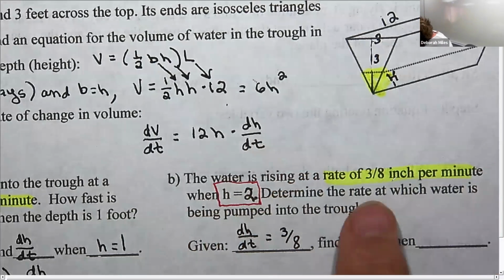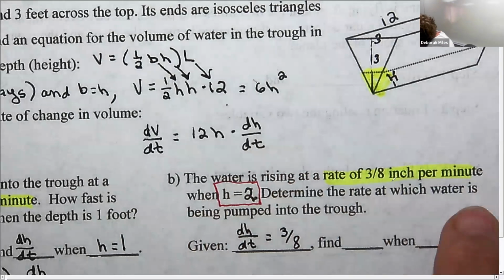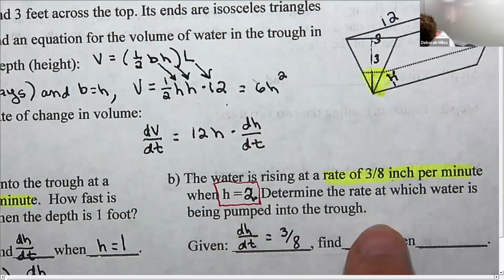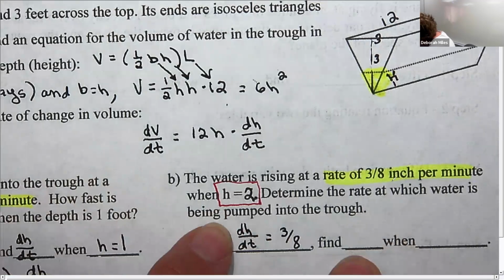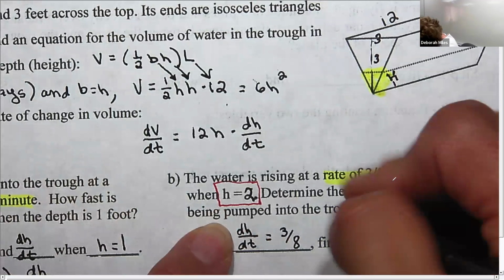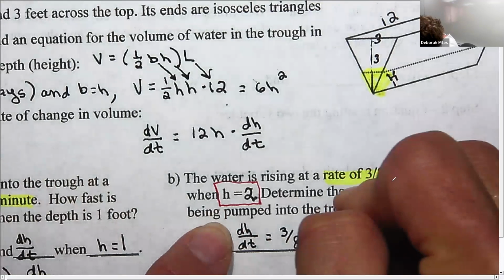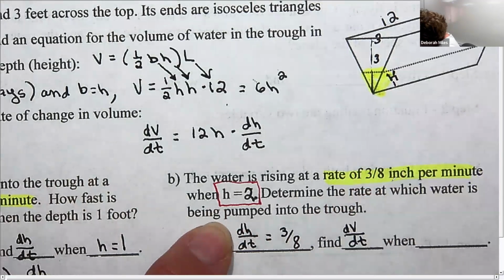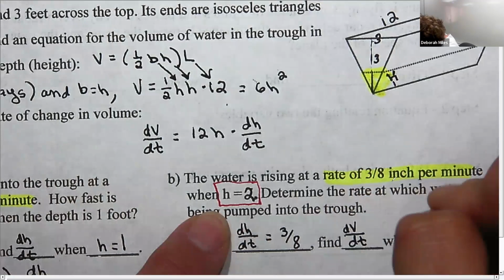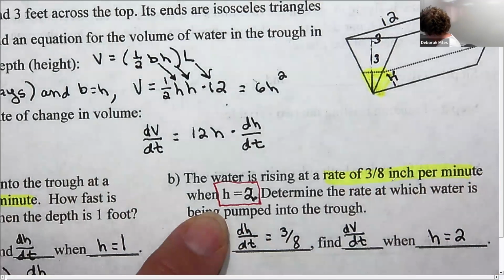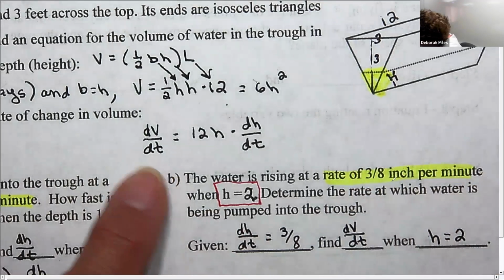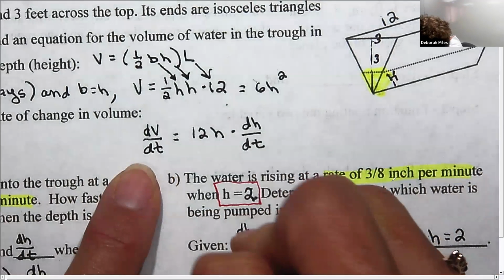It says determine the rate at which the water is being pumped into the trough. That means find what? That's the rate of change in volume, dV over dt. And I'm given at some specific height, and the height is 2. So I'm looking for dV over dt.